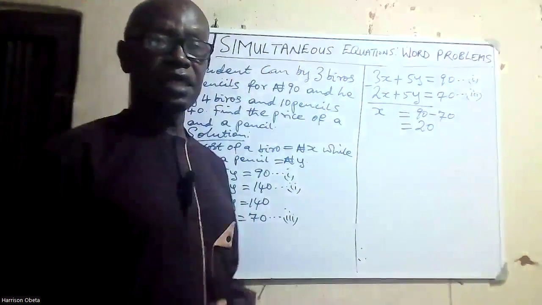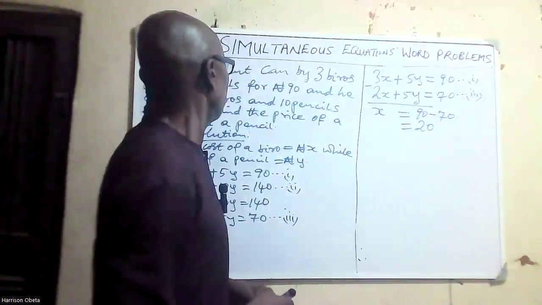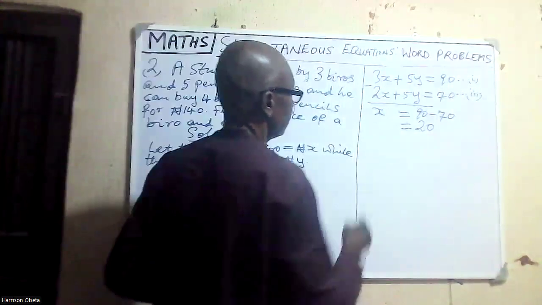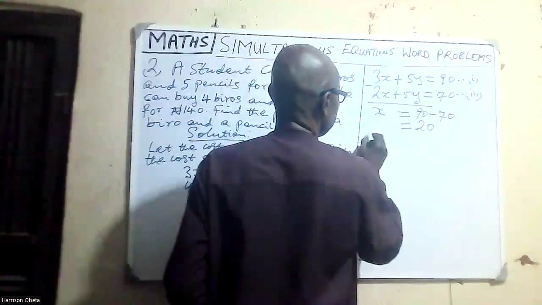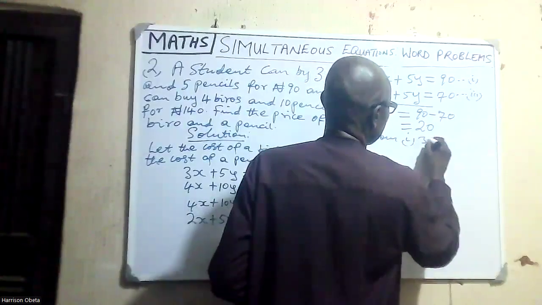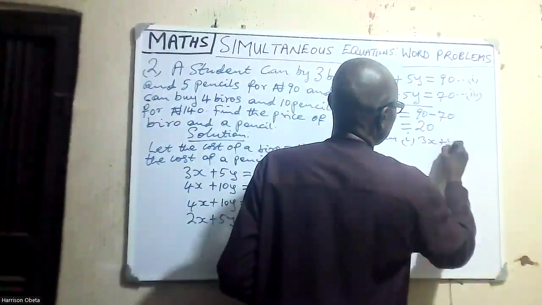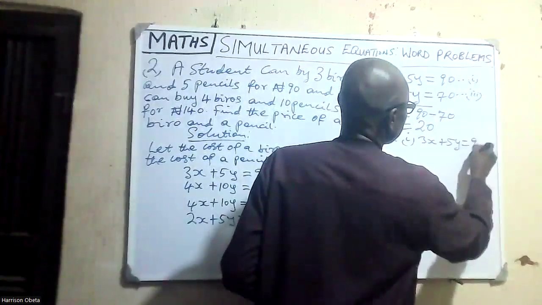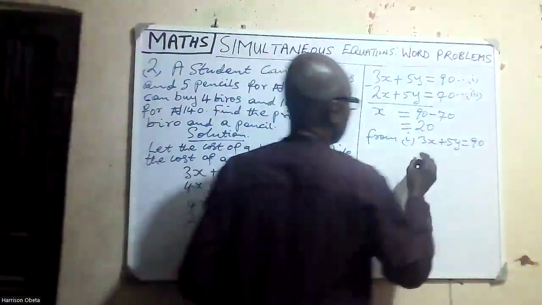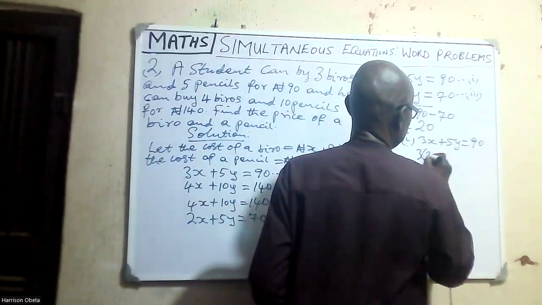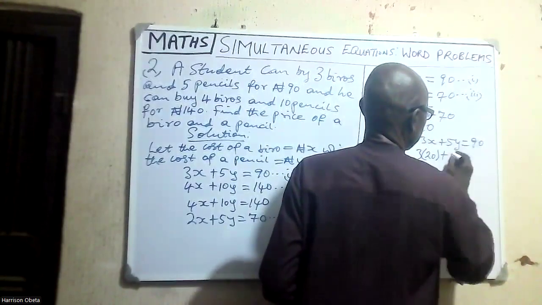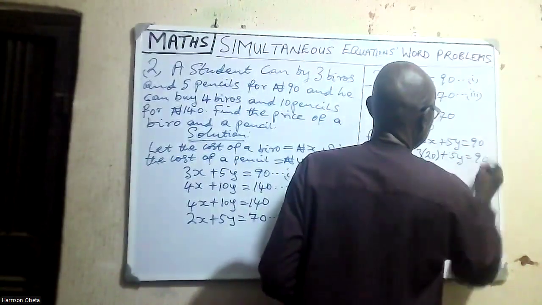So it means that the cost of a biro is 20 naira. Substituting back from 1, 3x plus 5y is 90. You substitute the value of x, and that means 3 brackets 20 plus 5y equal to 90.